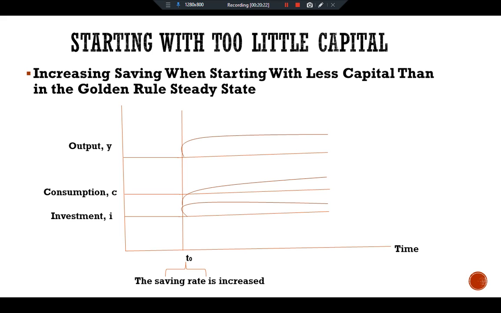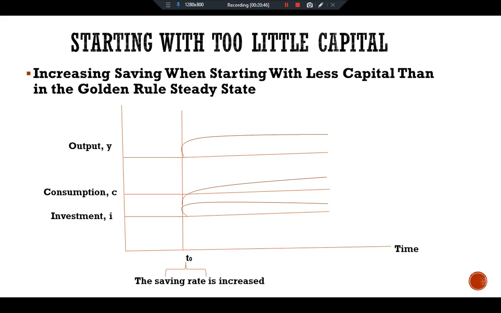Output, consumption and investment gradually rise, eventually reaching a new steady state level. Because the initial steady state was below the golden rule, the increase in saving eventually leads to a higher level of consumption than prevailed at the initial level.